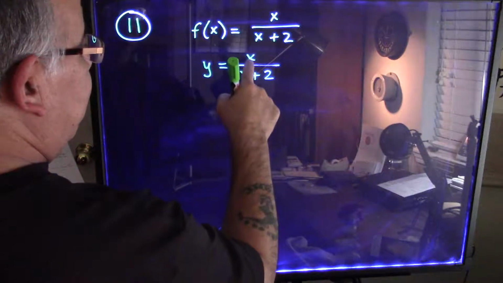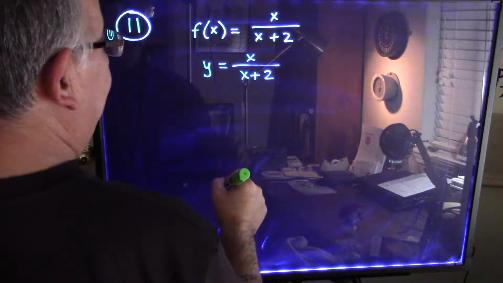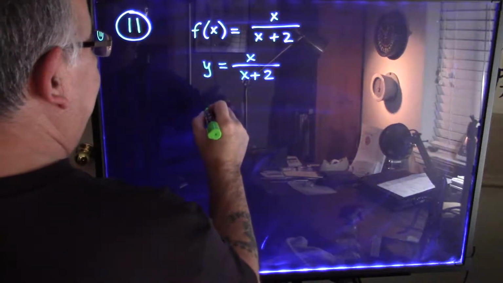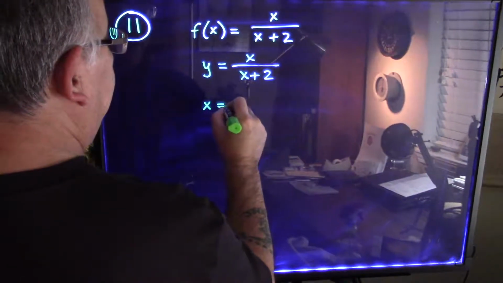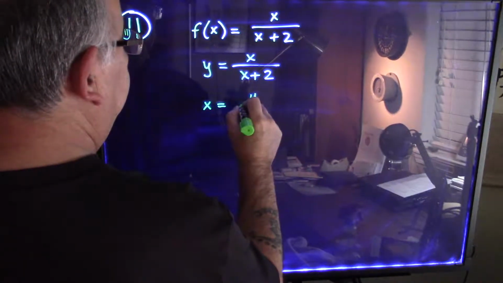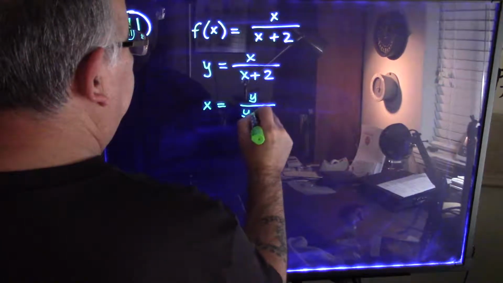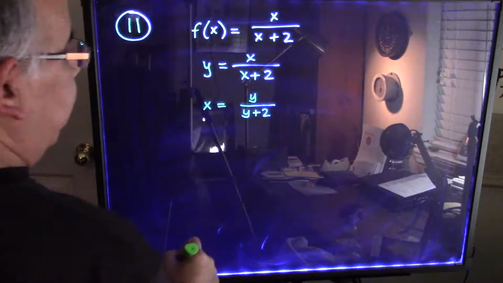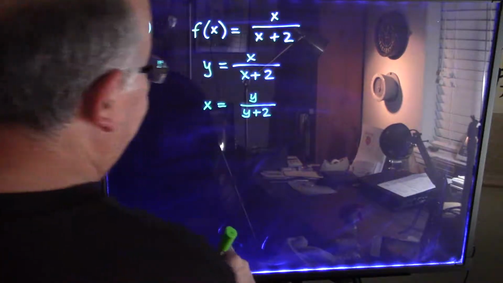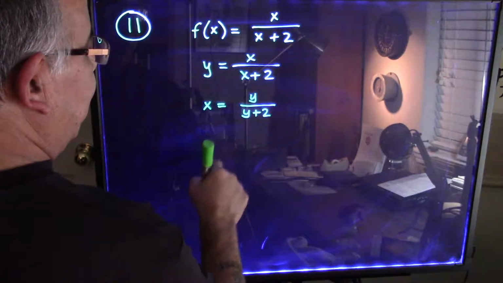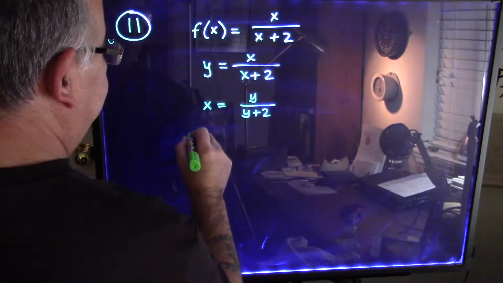Alright, so you've got two x's here, change those to y's, change this y to an x. Now you solve for y. So to do that, multiply both sides by y plus 2.